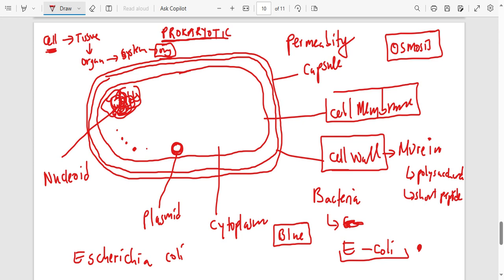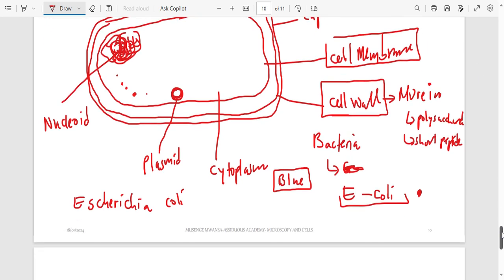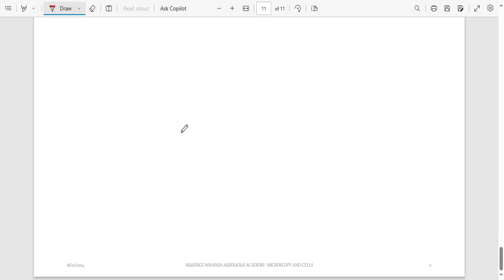The structure of the cell membrane is interesting. The cell membrane is described as a lipid bilayer. So when you get that cell membrane, you view it on a microscope in detail. It is a lipid bilayer.